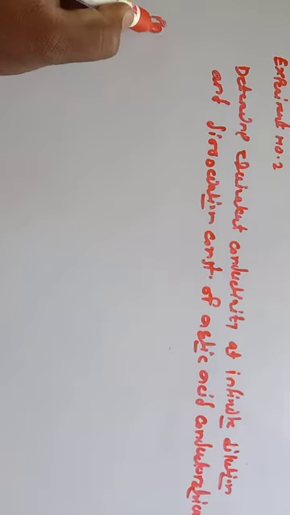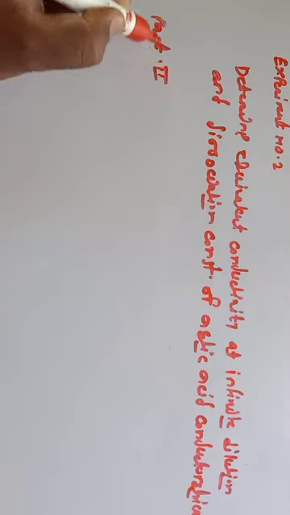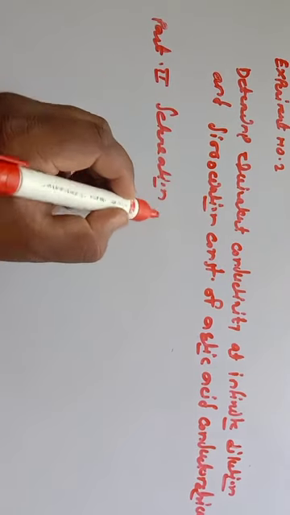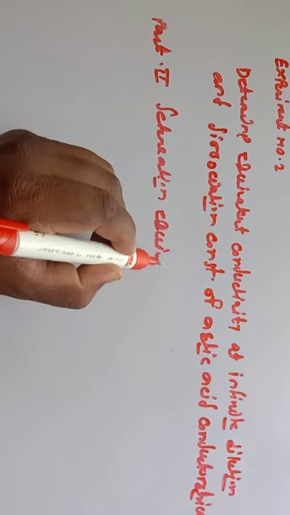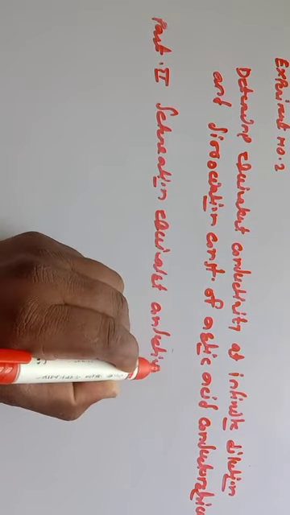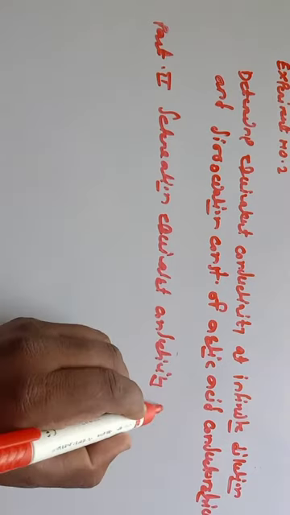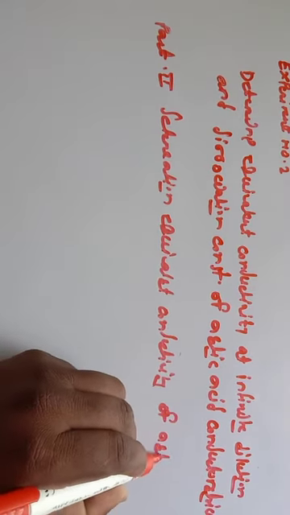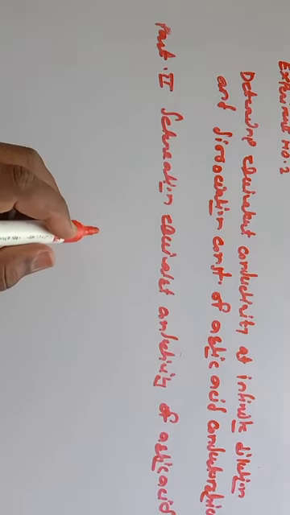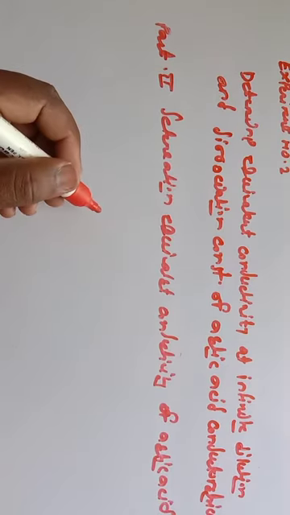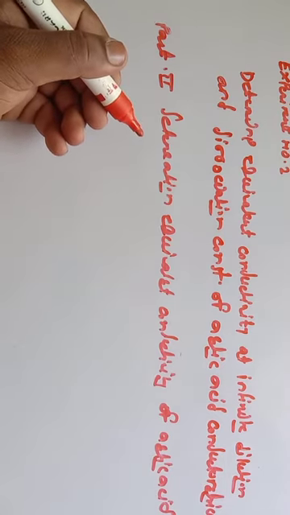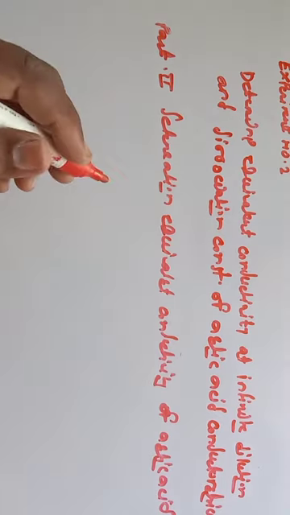Part two is determination of equivalent conductivity of acetic acid at infinite dilution. With the help of strong electrolytes, one can easily find out the equivalent conductivity at infinite dilution for the weak electrolyte.